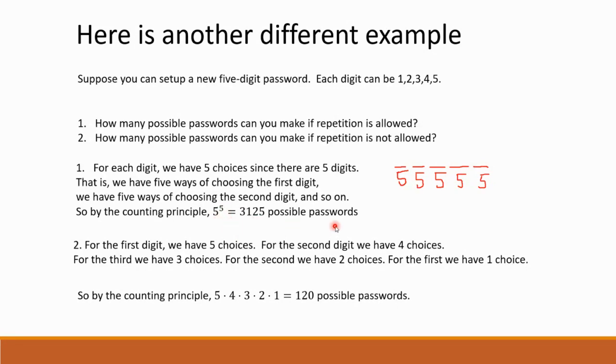So by the counting principle, or the basic counting rule, we have 5 choices for each one, and so we just multiply. Remember, generally you just want to multiply, okay? Because you have 5 ways of completing the first task, choosing the first number, 5 ways of completing the second task, which is choosing the second number, and so on and so forth.